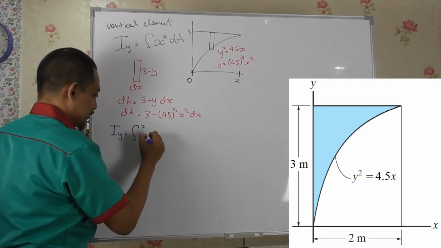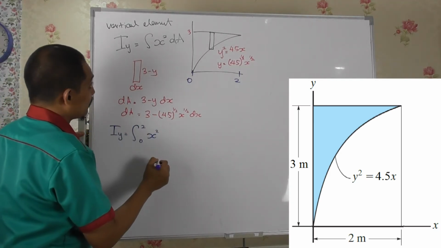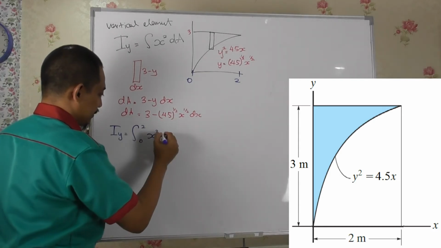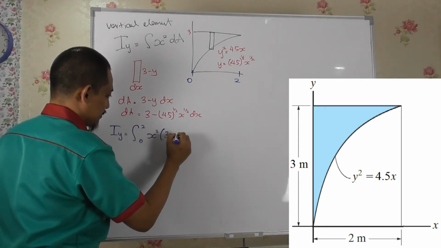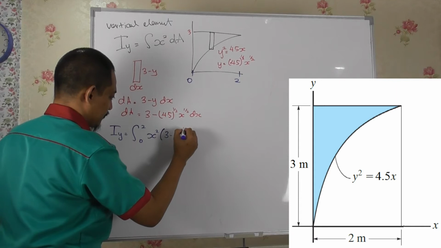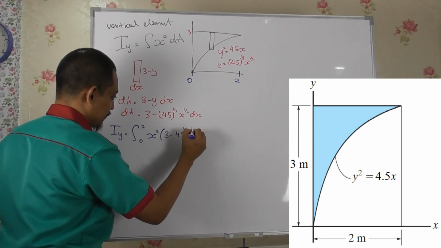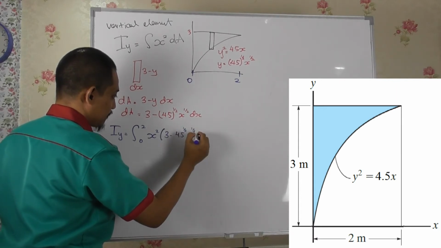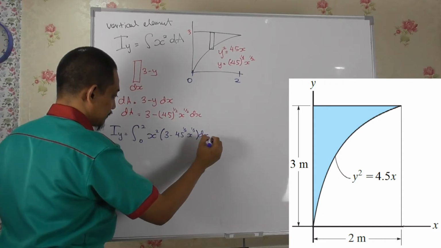Okay, so then this one is x squared multiplied by this dA, the whole thing. So multiply by 3 minus 4.5 to the power of half x to the power of half dx, right?